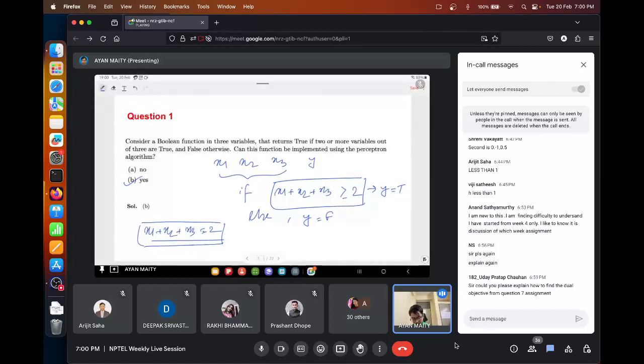That means x1 plus x2 plus x3 equals 2 is a linear discriminator, the decision boundary. So there is a linear decision boundary. If the points are linearly separable, certainly the perceptron learning algorithm can be used. That was the question, whether perceptron can be used or not.